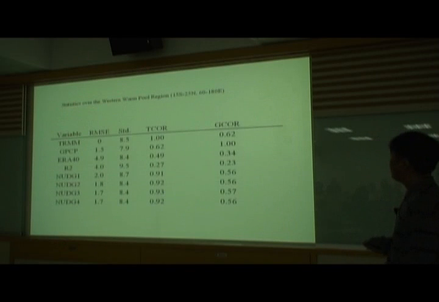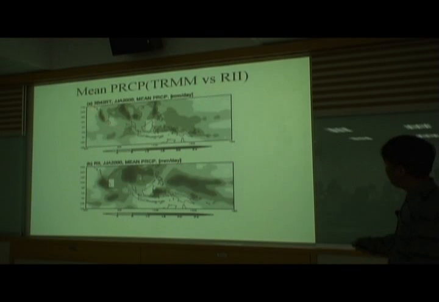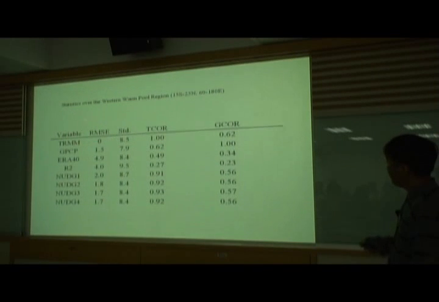So we calculated the statistics over the western Pacific region. This region is indicated in this area. In this area, we calculated the RMSE between TRMM and other products, and the standard deviation of each product, and the temporal correlation between TRMM and other products, and GPCP correlation with other products.